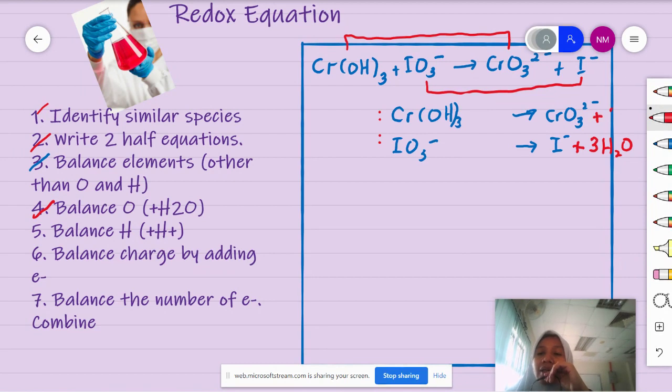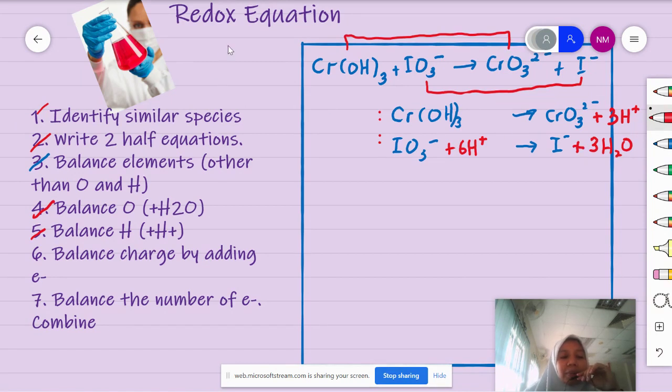How many? 3, but in the form of H plus. And for the second one, how many hydrogen do we have here? 3 times 2, which means you have 6. Therefore, you add 6 H plus on this side. Are we okay?